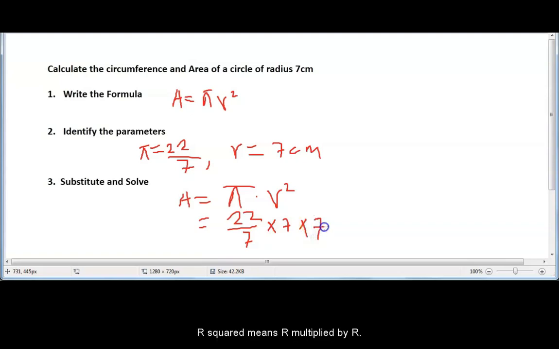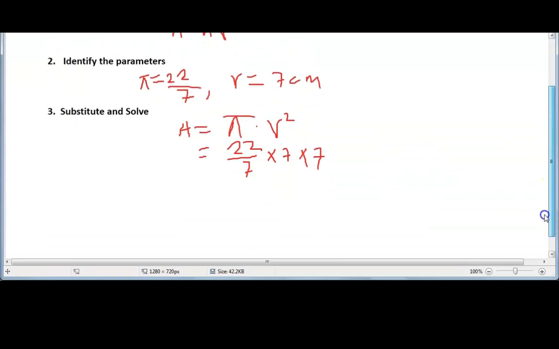R square means r multiplied by r, 2 times. So one of the 7s cancels one of the 7s. You'll be left with 22 times 7.